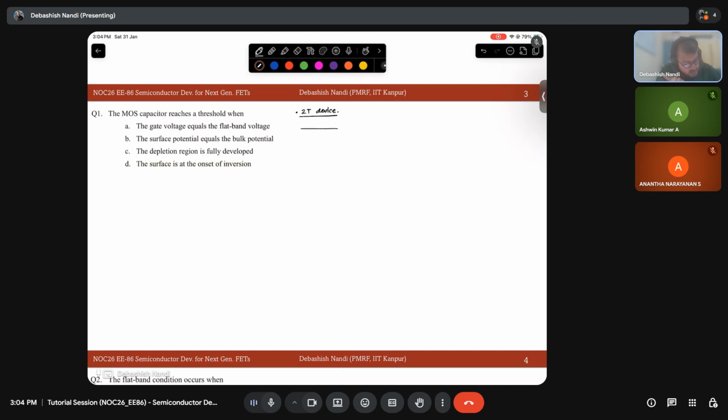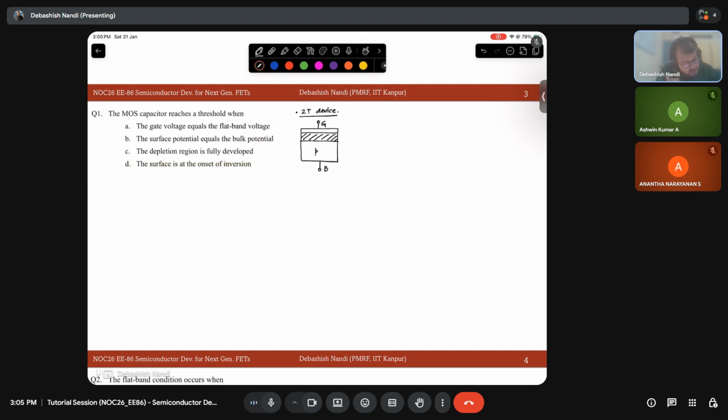So your MOSCAP will be something like this. It is a two-terminal device, that means you can apply voltage or probe current in these two pins only. This is called gate. This is called body or substrate.